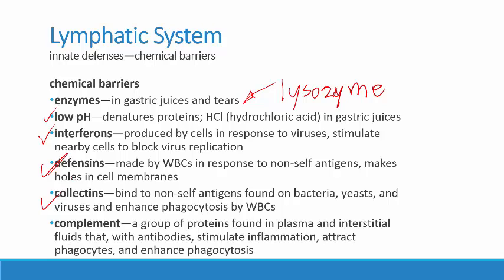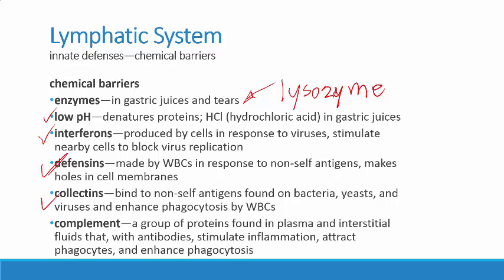Collectins are a fifth kind of chemical barrier. Collectins are released in response to non-self antigens that are found on pathogenic materials, and they bind to those non-self antigens.